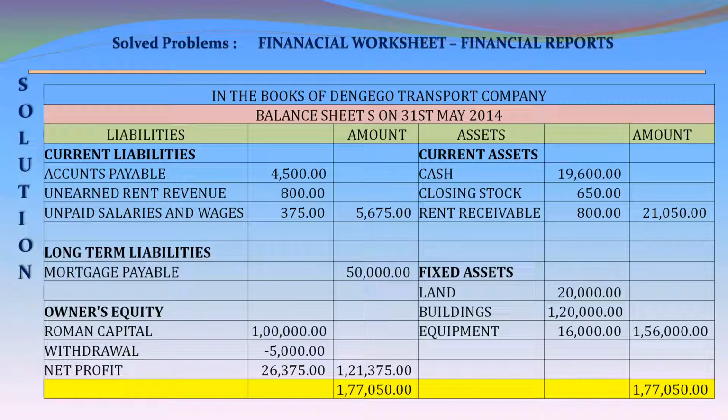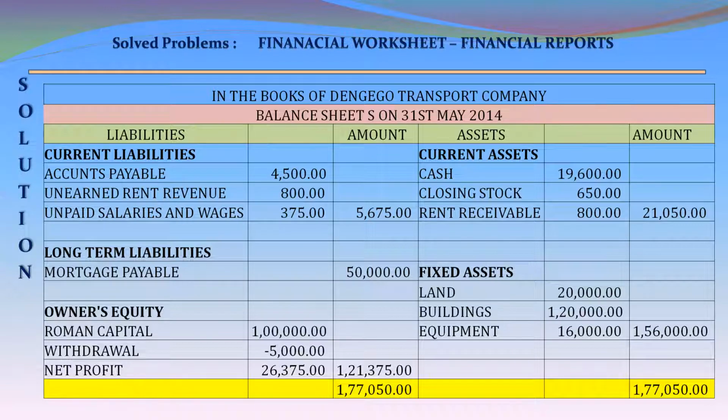In the books of Dengigo Transport Company, balance sheet as on 31st May 2014, liabilities, amount, assets, amount. On the asset side, current assets: cash 19,600, closing stock 650, rent receivable 800, total current assets 21,050.